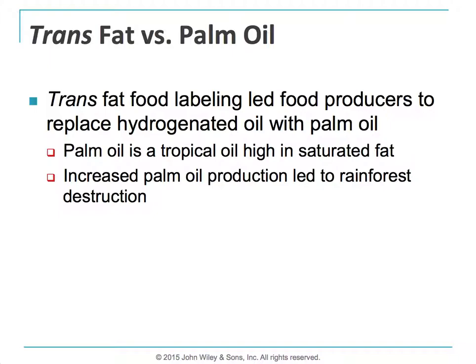And this increased use of palm oil has actually led to rainforest destruction across the globe. So both in terms of environmental consequences and health consequences, if you see palm oil in the ingredients of a food, it's best to really steer clear or limit your consumption of that food item.